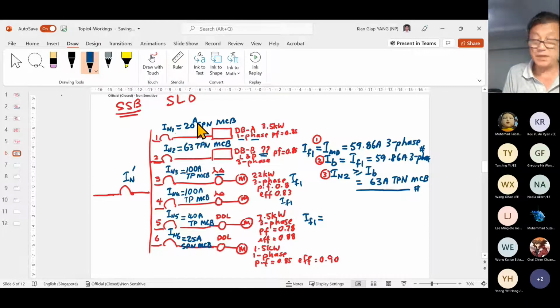So now I have finished calculating all the circuit breaker ratings for the outgoing circuits, from circuit number 1 to number 6. Anybody has any question about what I have been spending time on talking to you?